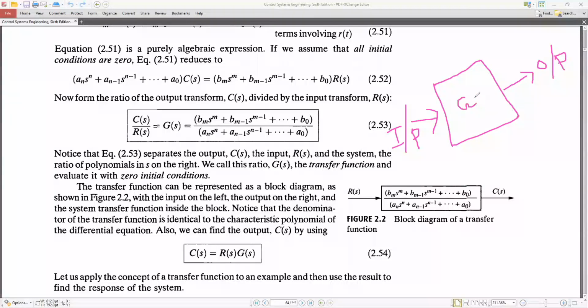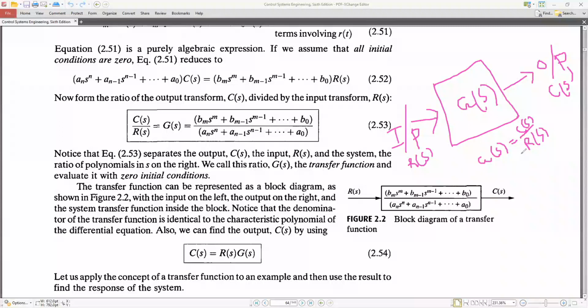Here is the transfer function, which is G(s). If the input is R(s) and the output is C(s), then G(s) should be C(s) by R(s).